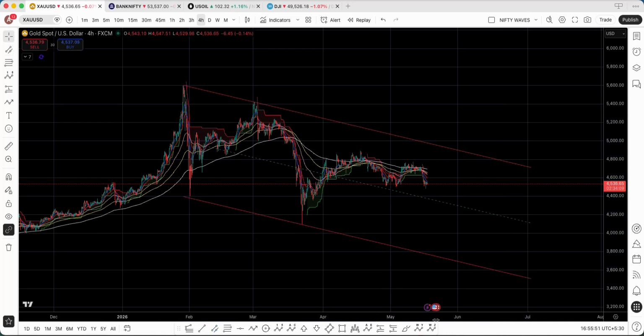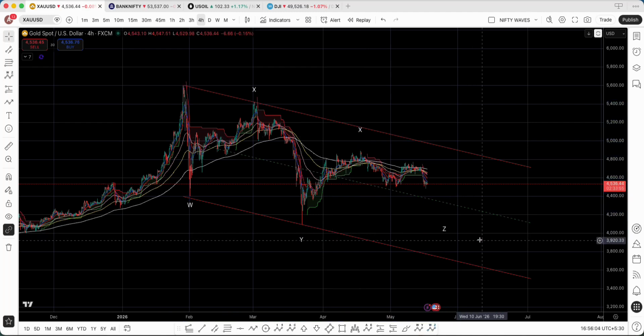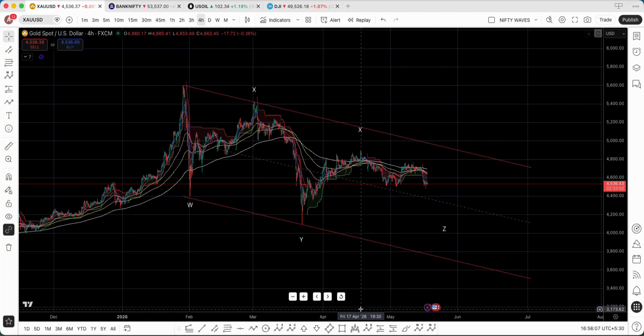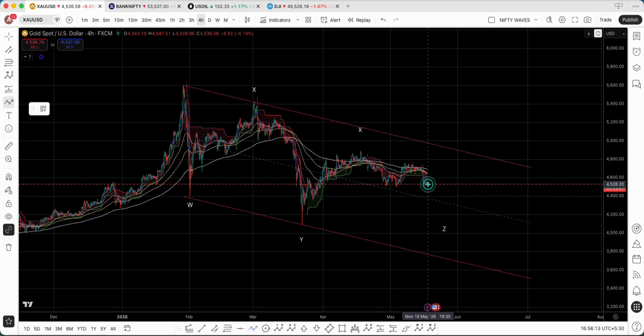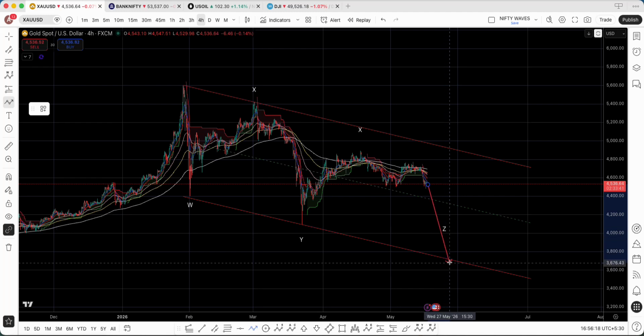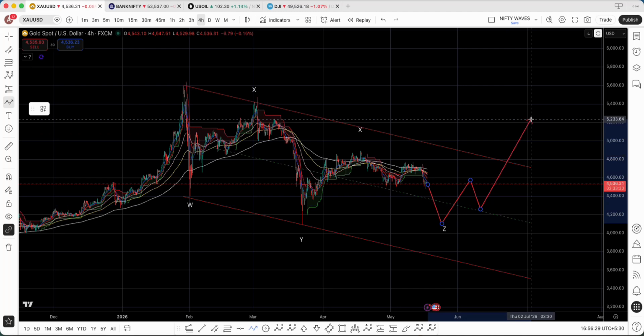This would be a complex correction of a W, X, Y, X, Z. Now, in this scenario, the Z wave does not have to come down all the way here. It can bottom out around 4,100 to 4,200 as well, before making its way up and breaking past.